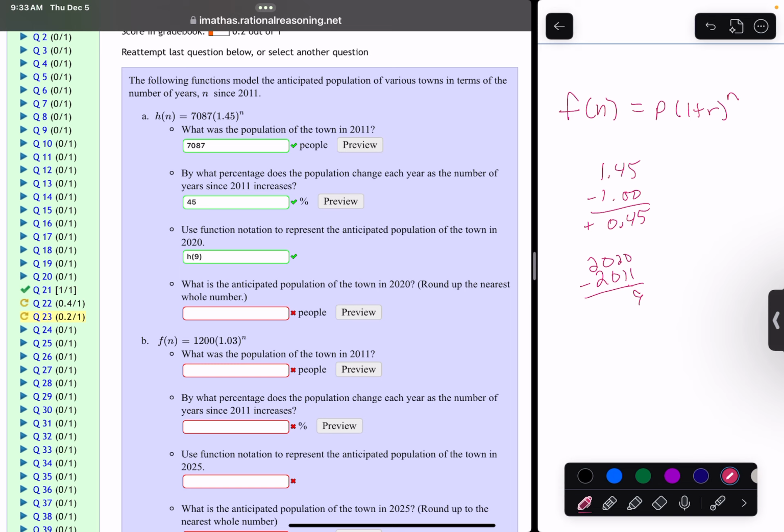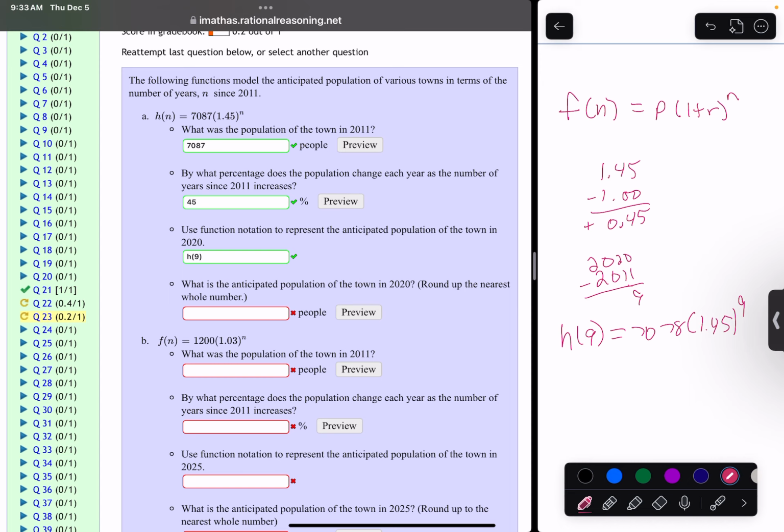And then it says, what is the anticipated population in 2020? Well, we just found that we have to stick 9 into our function. So we're just going to put 9 into that function. So pull out your calculator and stick that in.